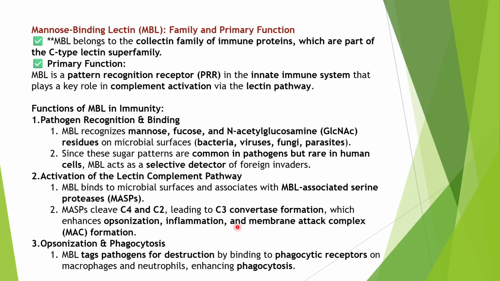So first, your MBL recognizes the PAMPs, that is your sugar patterns, your carbohydrate patterns, this GlcNAc, fucose, mannose, etc. Then once it selectively binds to these, the lectin pathway is activated by the MBL associated serine protease, that is your MASP. Then it cleaves C4 and C2, and C3 convertase formation is done.